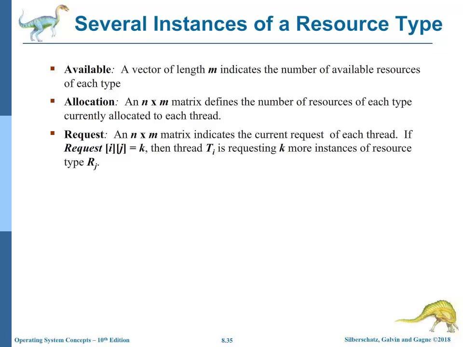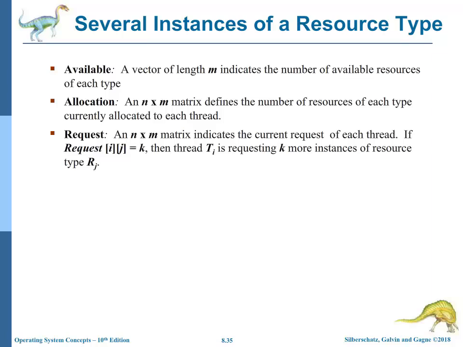Allocation. It is an n multiply m matrix which represents the number of resources of each type currently allocated to each process. Request. It is an n multiply m matrix that is used to indicate the request of each process.